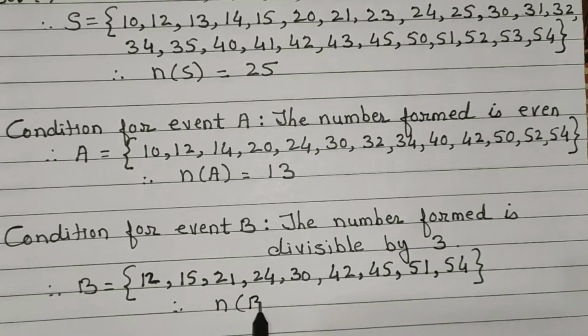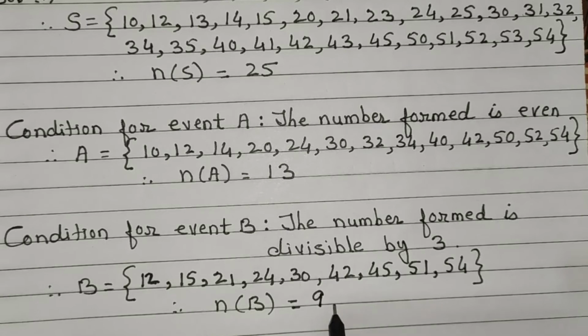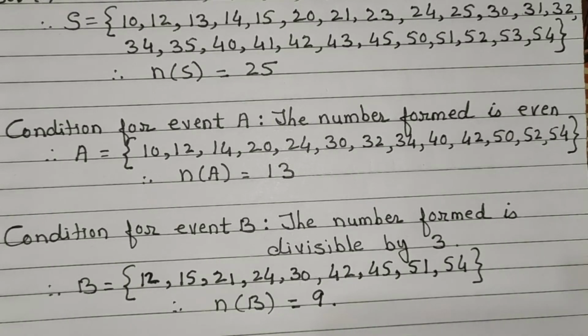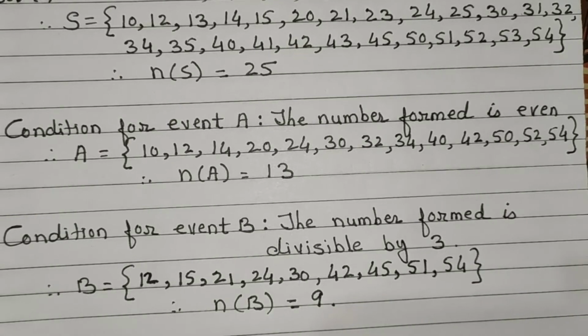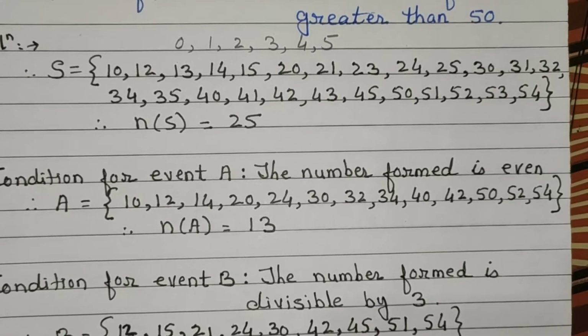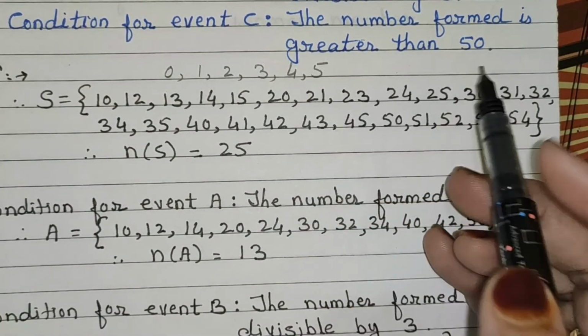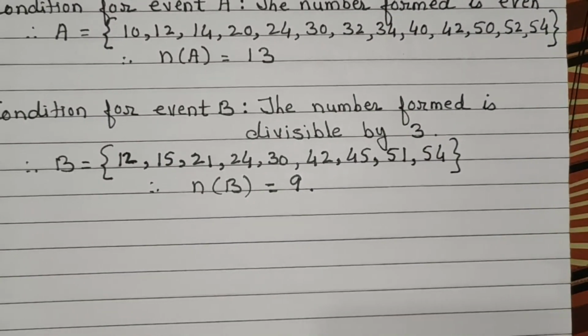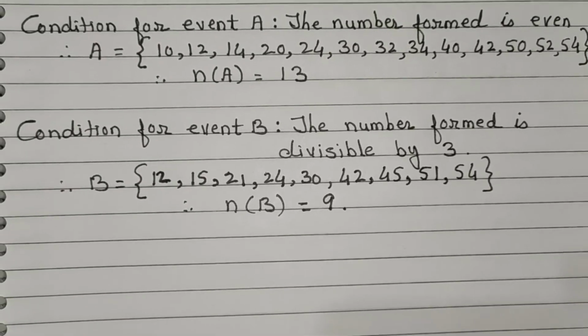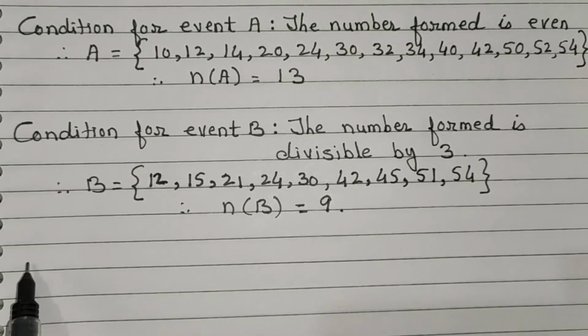Therefore n(B) is equal to 1, 2, 3, 4, 5, 6, 7, 8, 9. Write down here 9. Now the next condition is for event C. The condition for event C is the number formed is greater than 50. Therefore write down here the given condition.